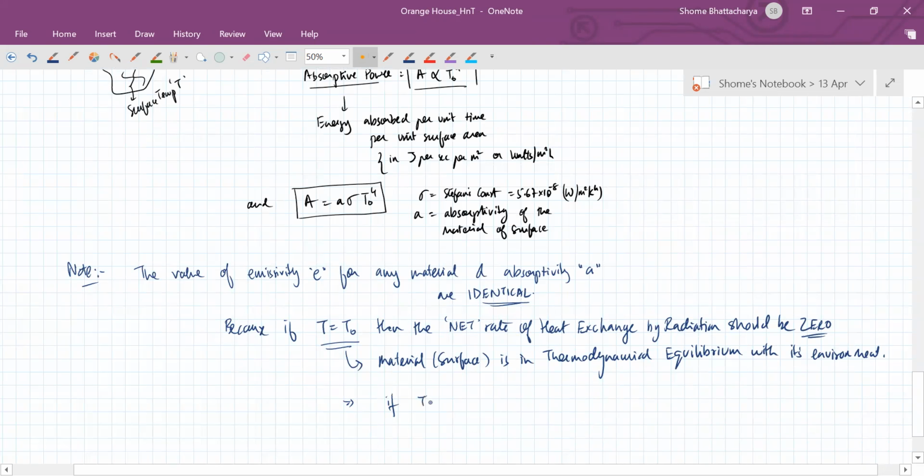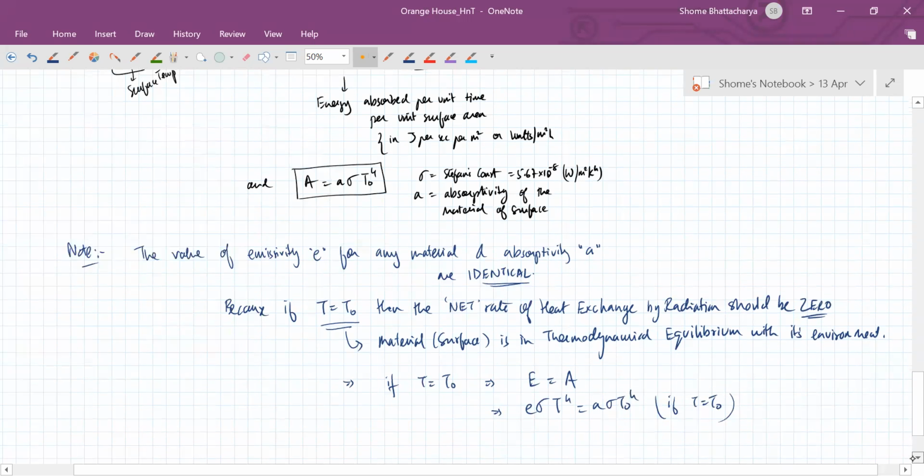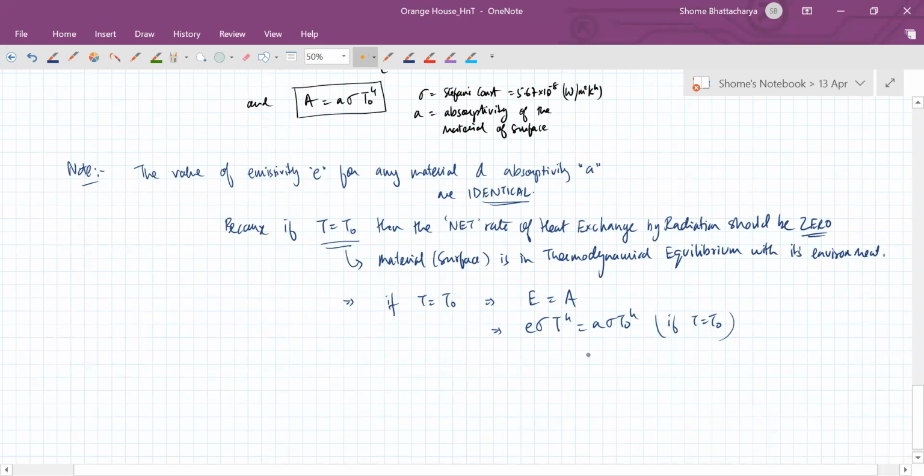if T is equal to T naught, that means emissive power must be equal to absorptive power. That means E into sigma into T to the power 4 is equal to A into sigma into T naught to the power 4 if T is equal to T naught. Whenever the temperature of the body is equal to the temperature of the surrounding, then its emissive power must be equal to absorptive power.